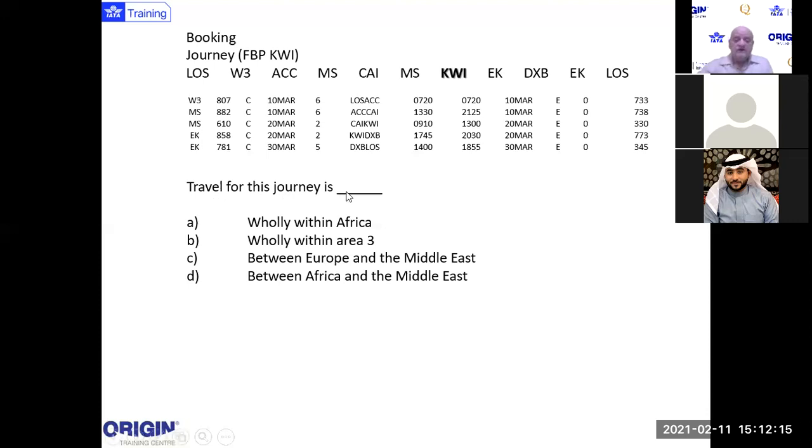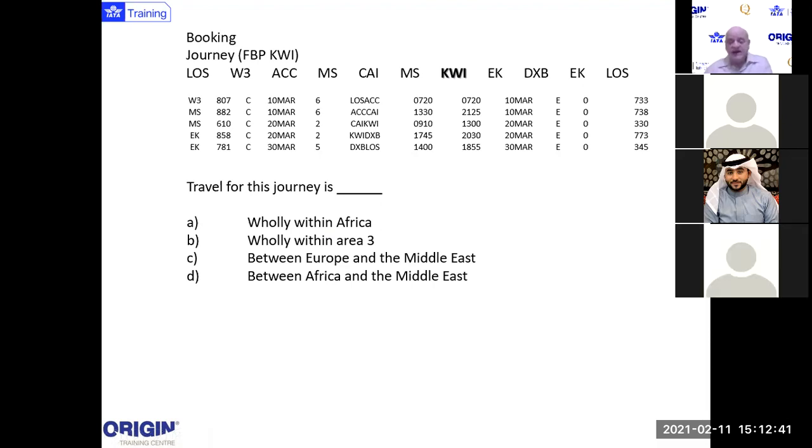So travel for this journey is wholly within Africa. Wholly means 100%. Now, if I'm going to Kuwait, is that in Africa? No. So, Area 3, wholly Area 3? Well, if it's the Middle East and Africa, it can't be Area 3.